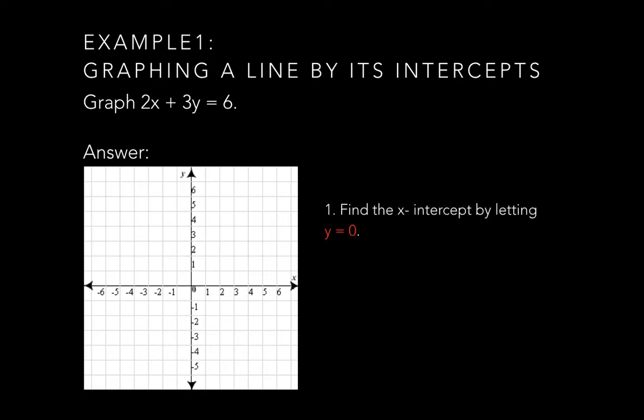Well, to find your x-intercept, it's where your y value is 0, because on that x-axis, all the y values at any point are 0. So in this case, if our y value was 0, you'd have 2x equals 6, so x must be 3.